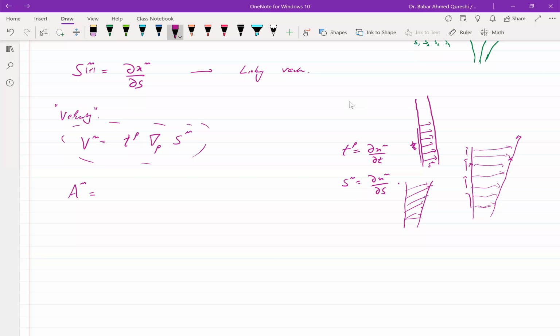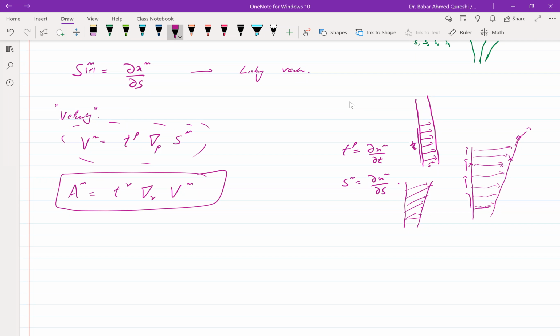But if this line is curving away because of curvature, this v mu which I will get will not remain constant. So I have t nu d nu of v mu. The second derivative should tell me if these lines are remaining parallel or not.